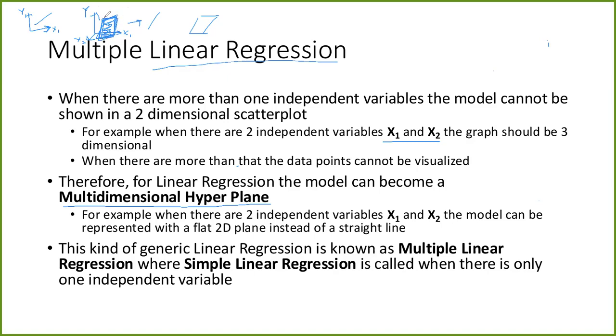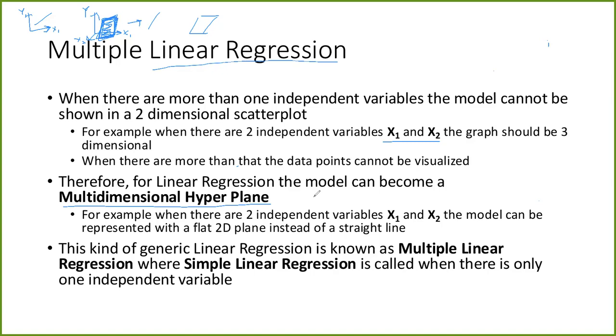That means 3 minus 1 dimension plane. And if this space becomes an n-dimensional hyperspace, so this kind of space is known as hyperspace when there are multiple dimensions, this hyperplane would have n minus 1 dimensions when there are n dimensions in this space, right?